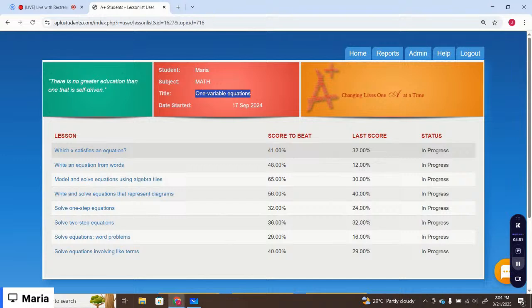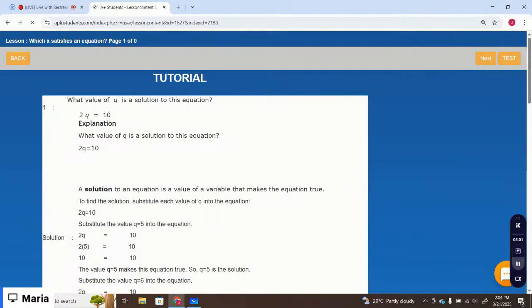Here I'm on grade 7 math. The chapter we are on right now is one variable equations. Let's start with the first lesson, which x satisfies an equation. What value of q is the solution of the equation 2q equals 10?